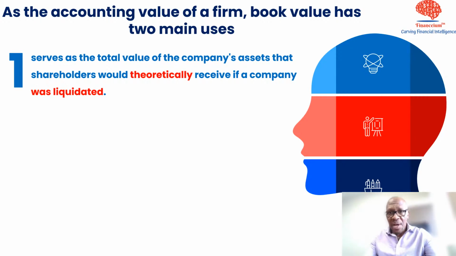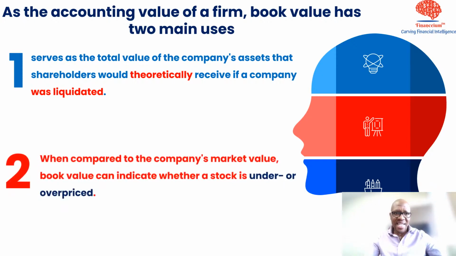And if you've got more than one shareholder in the company, you divide it by the number of shares, and that gives you an indication of what each shareholder is worth as far as that company is concerned. And lastly, if you compare the book value to the market value, you can also use that as an indicator of whether the company or the stock or the share is over or undervalued.